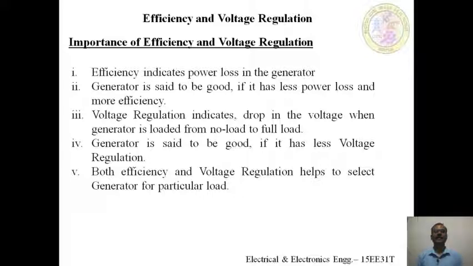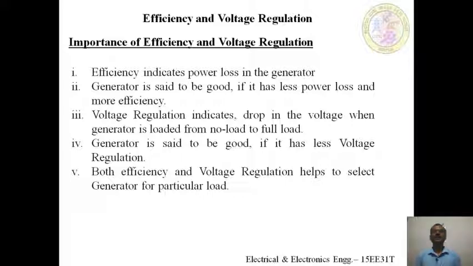As I already said, a generator is said to be good if it has less power loss and more efficiency. We previously said a generator will have as high as 95% efficiency, which means it has only 5% of losses.